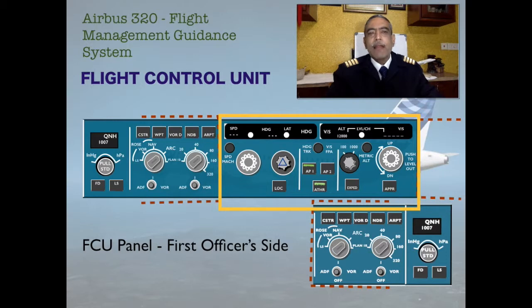That is, the captain can configure his side separately, the co-pilot can configure his side separately. So these two sub panels are absolutely identical because they represent two separate entities of display that are possible.